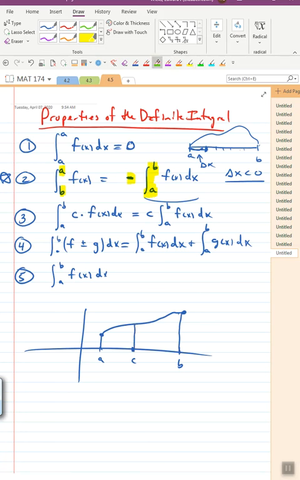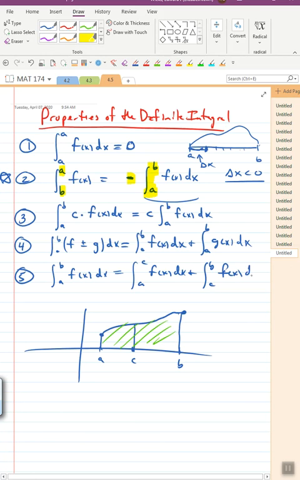The integral from a to b is equal to the summation of the integral a to c and c to b. Good. Does that make sense? We're just saying that, at least for this picture, we'll split this overall area into 2 little sub-areas. And the overall area should just be the sum of those 2.